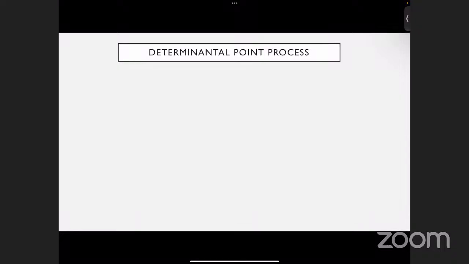Now I will present two applications of this problem. The first one is related to determinantal point processes.